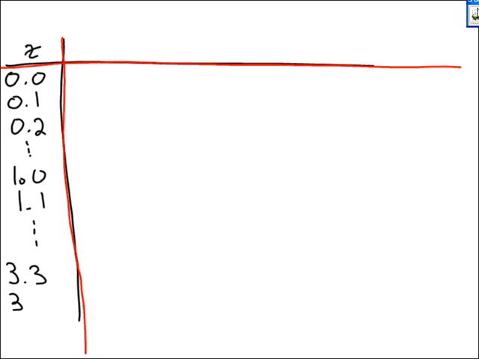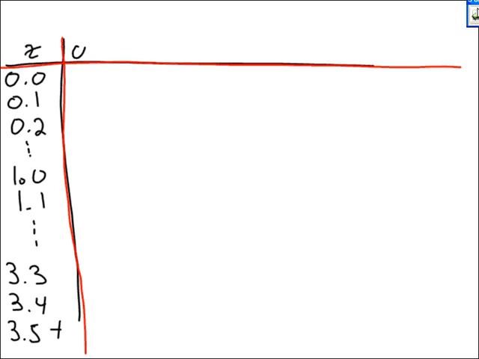So, usually it says z here, and I can't put down all the numbers, but it's going to start with 0.0, 0.1, 0.2, all the way down to 1.0, 1.1, all the way down to 3.3, 3.4, and 3.5 and up.